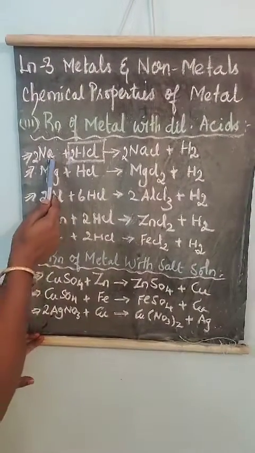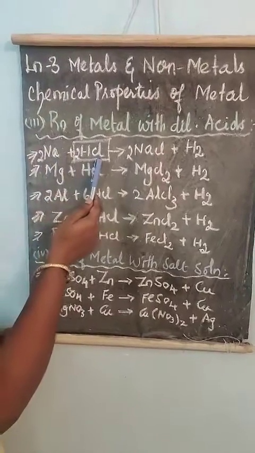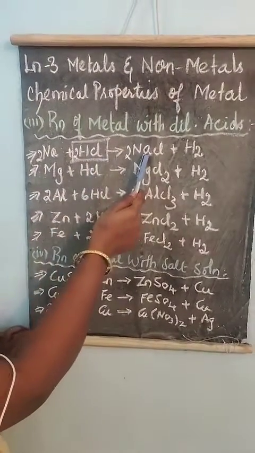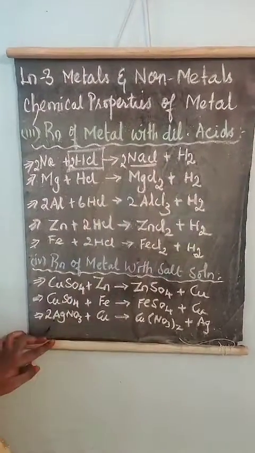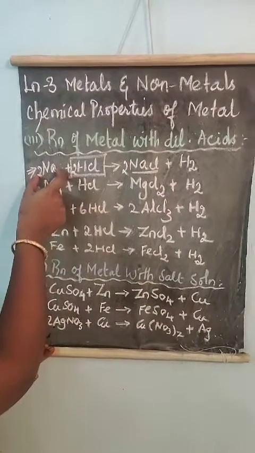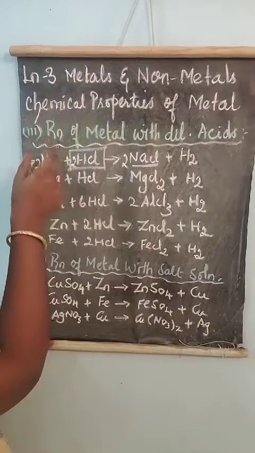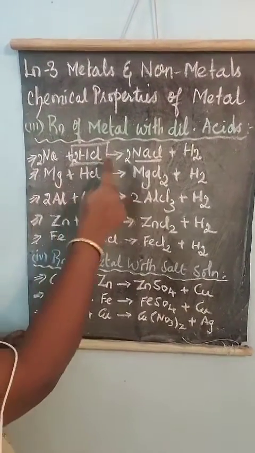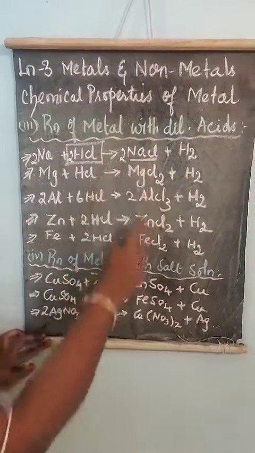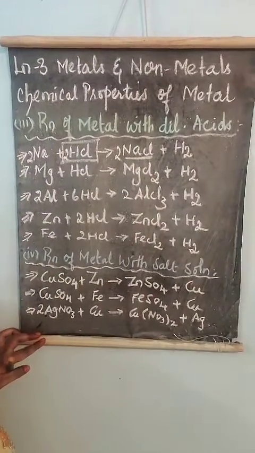When you see the reaction of metal, sodium reacts with hydrochloric acid to form sodium chloride plus hydrogen gas. Sodium, which is a highly reactive metal, reacts with hydrochloric acid to form NaCl, that is sodium chloride, plus hydrogen gas.